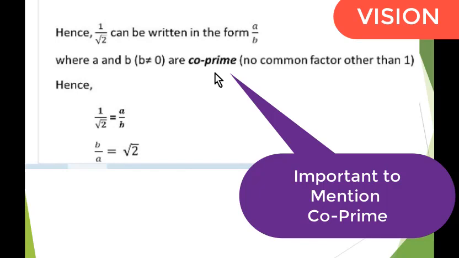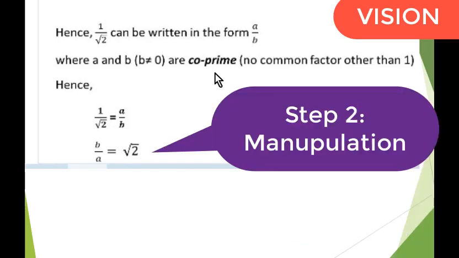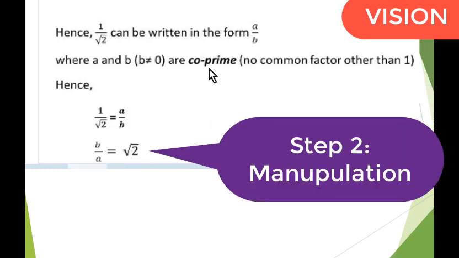Co-prime means a and b do not have any common factor. For example, if a has root 2, then b should definitely not have 2. Under this condition only are we assuming the given number is rational.